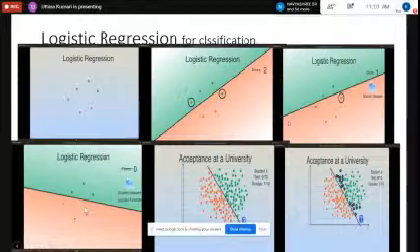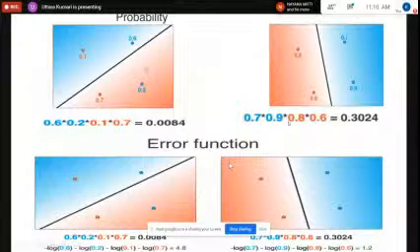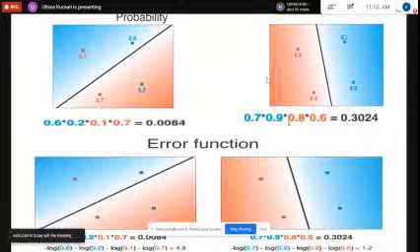To find the log loss function, you just see how the probabilities are calculated, because as I mentioned in the previous class, we are trying to find the logistic function in terms of probabilities.